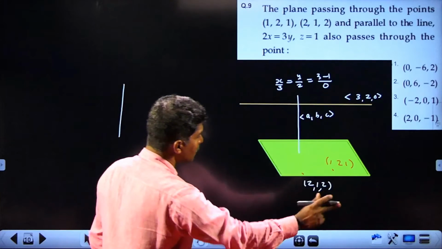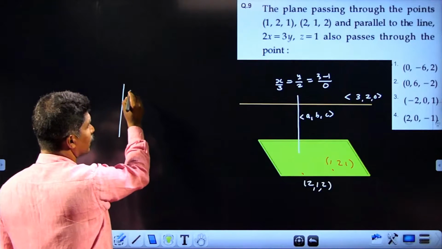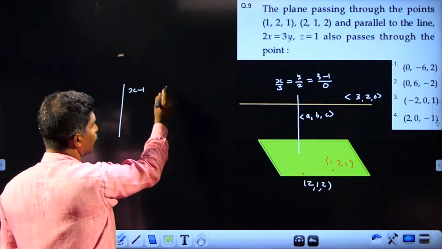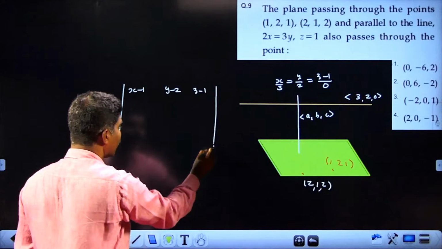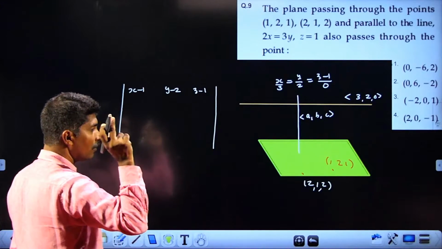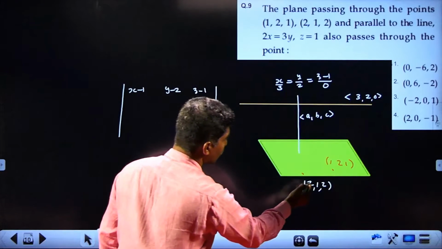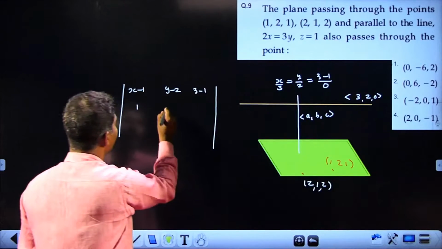The first row of the determinant is x minus 1, y minus 2, z minus 1. What is the second row? Do you remember? x2 minus x1, y2 minus y1, z2 minus z1. So 2 minus 1 is equal to 1, and 1 minus 2 is equal to minus 1.